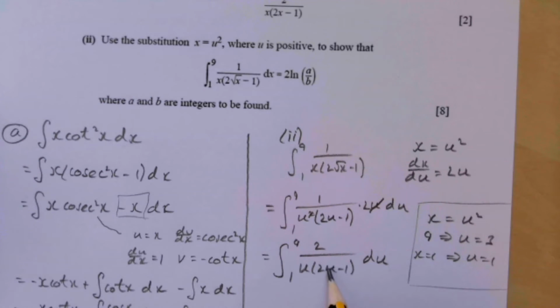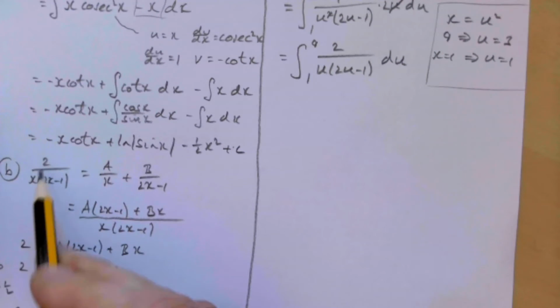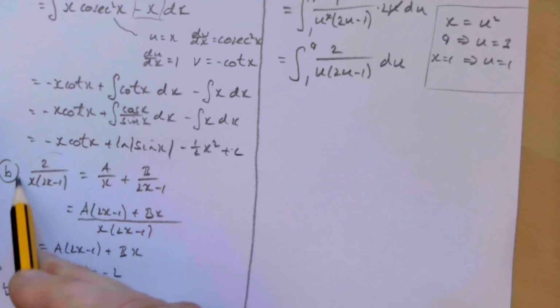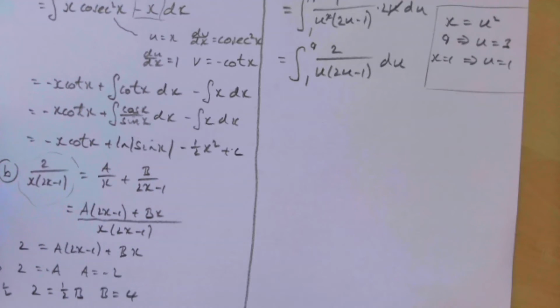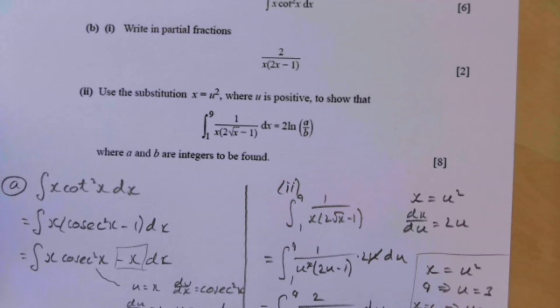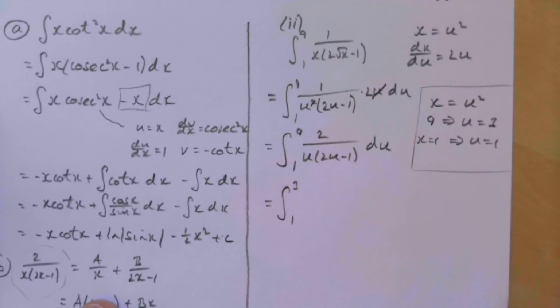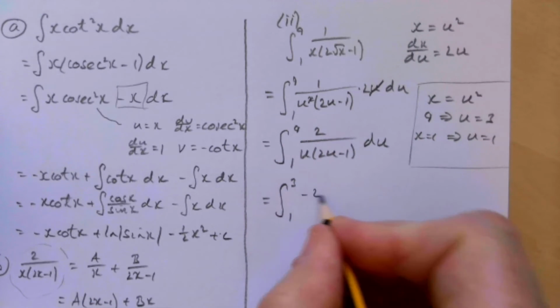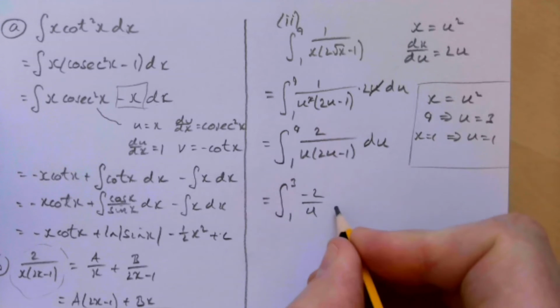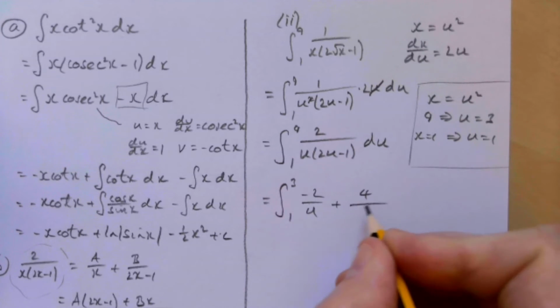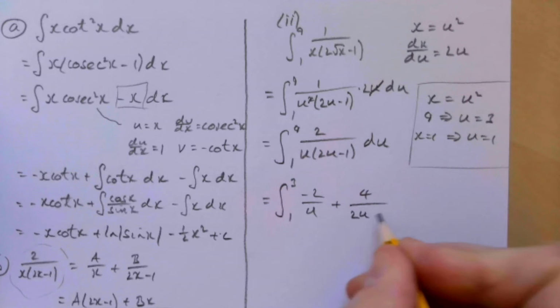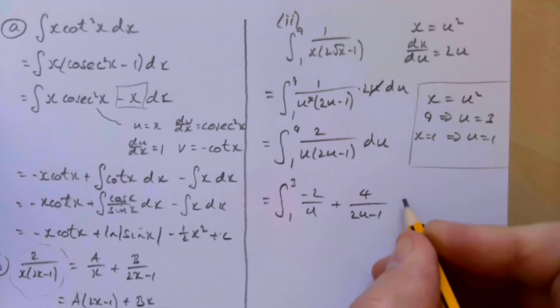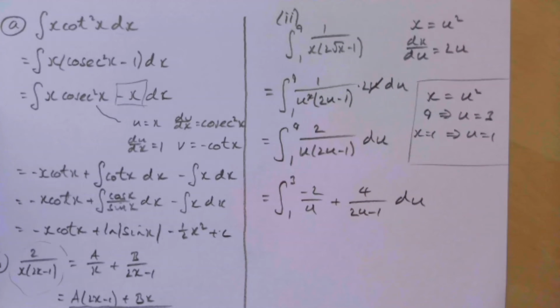This is the question we did only with an x over here, so that means I can rewrite this as this. So it means I can separate this bit out. So it's really the integral between 3 and 1 of minus 2 over u plus 4 over 2u minus 1 du.